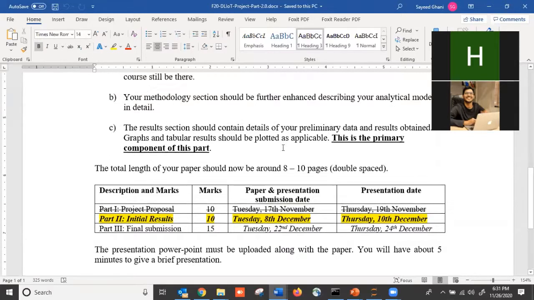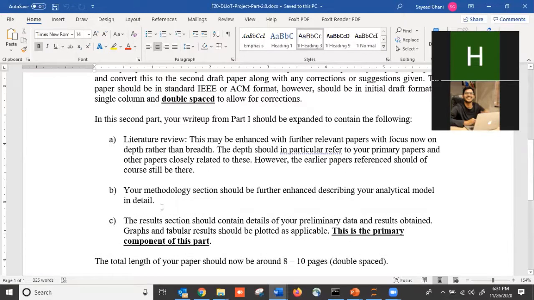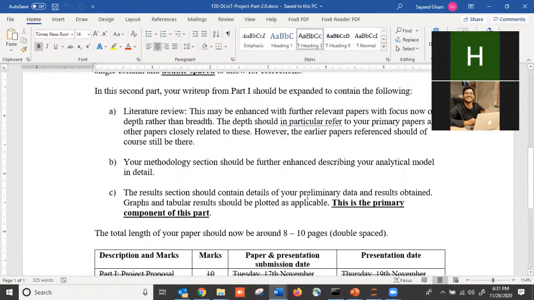In this, basically, you're supposed to focus in on, you've already done the literature review, but now the focus is on preliminary results, okay? So hopefully you should be able to get some reasonable results at this stage. And in the final part, you'll have an opportunity to share your final results.